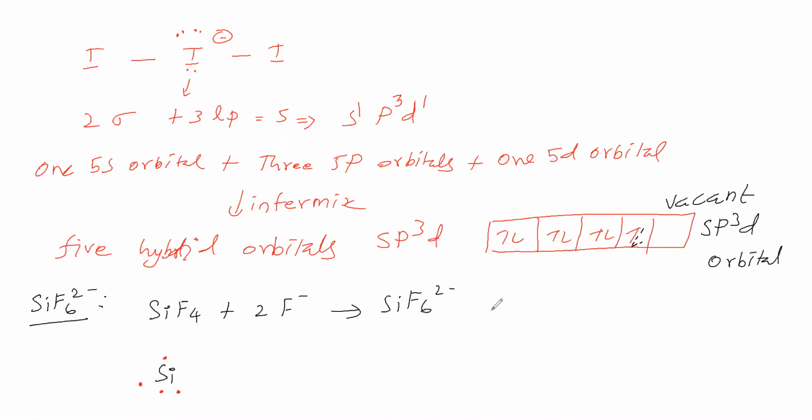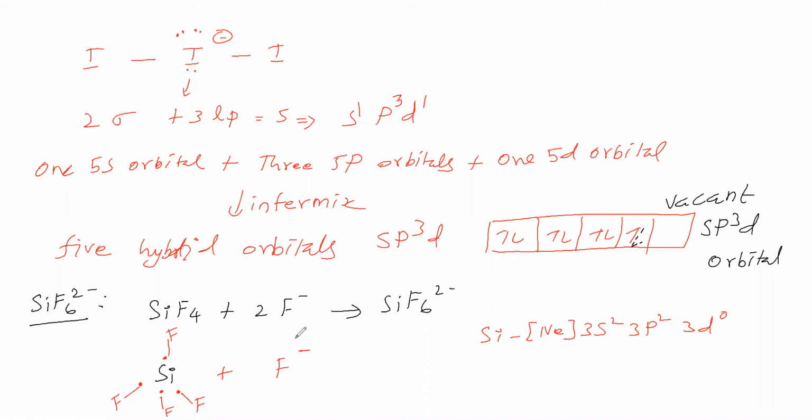The electronic configuration of silicon is neon 3s2, 3p2, 3d is 0. So silicon is having 4 electrons in its valence shell. These electrons are bonding with fluorine. Then we will take F minus.